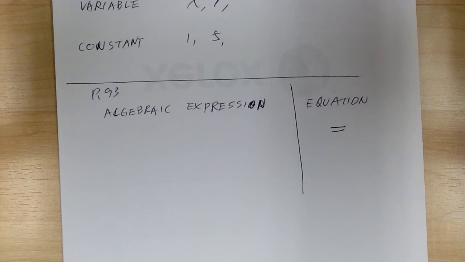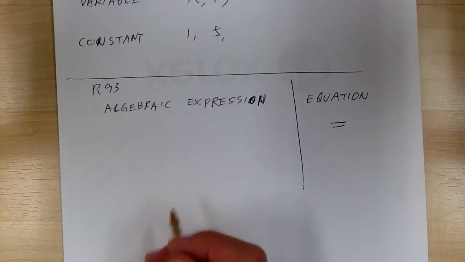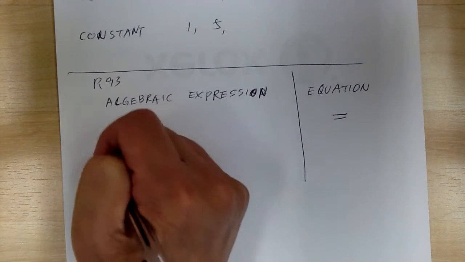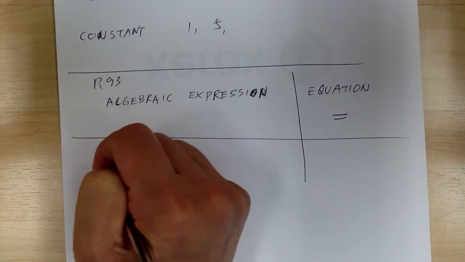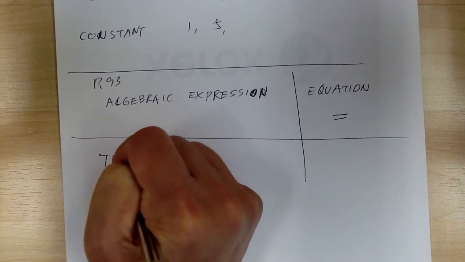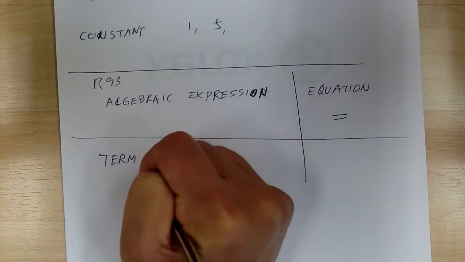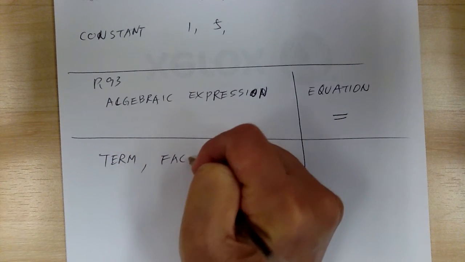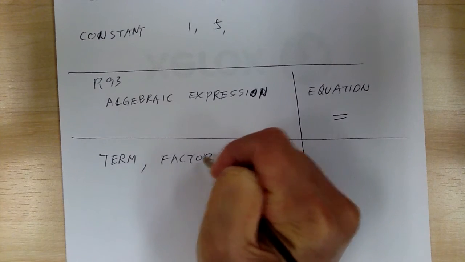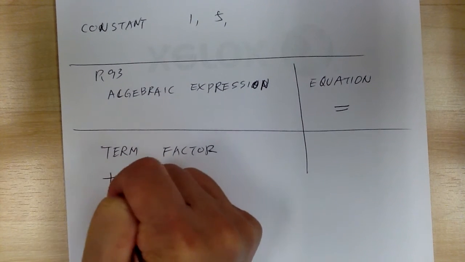Okay. The next thing you need to learn is the term and the factor. So let's go to page 93, on the bottom. A term is whenever you see addition or subtraction.